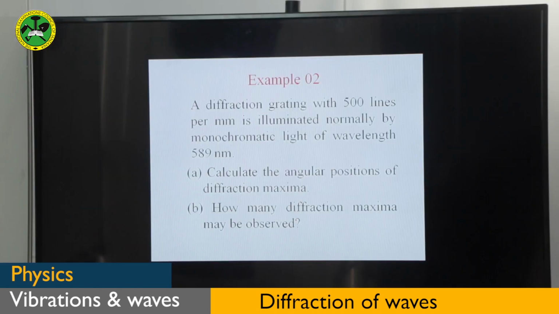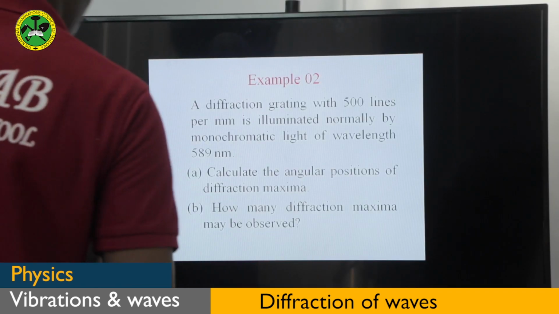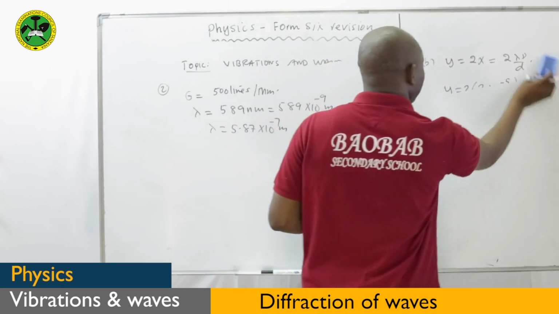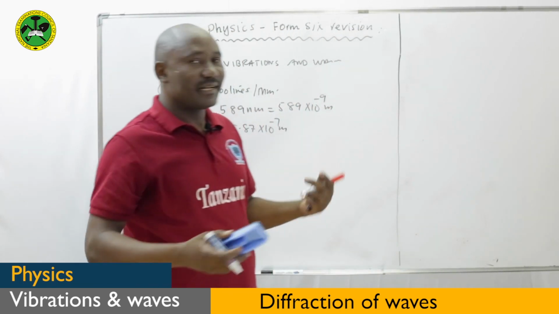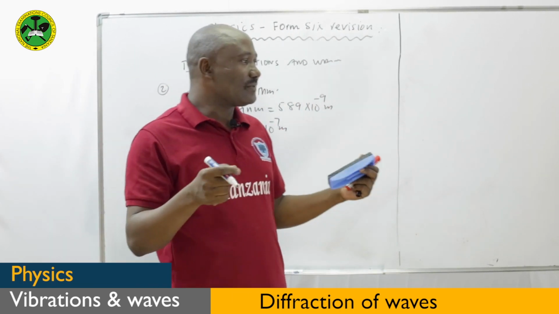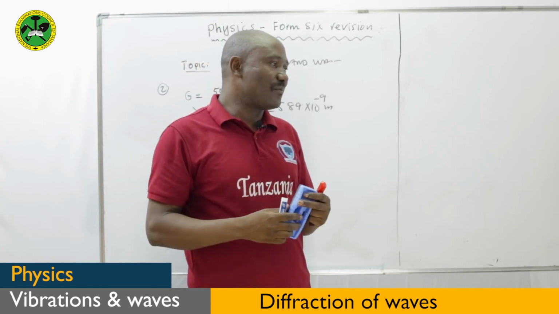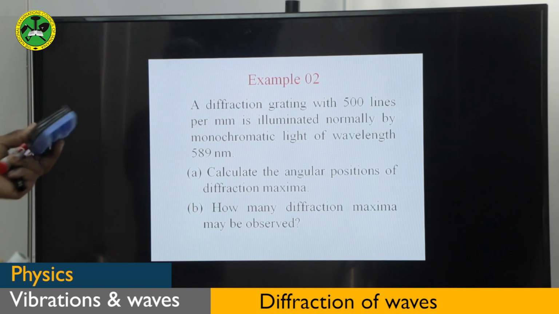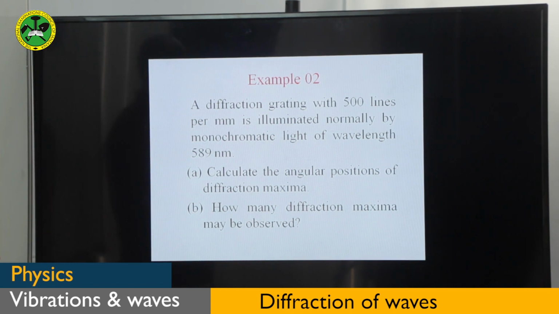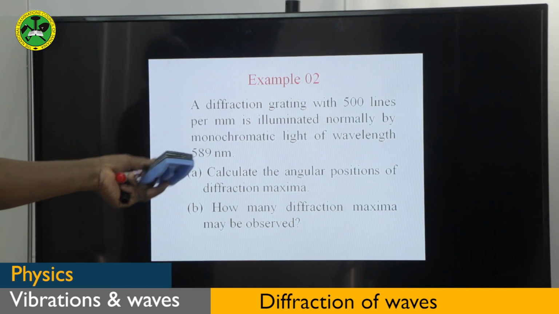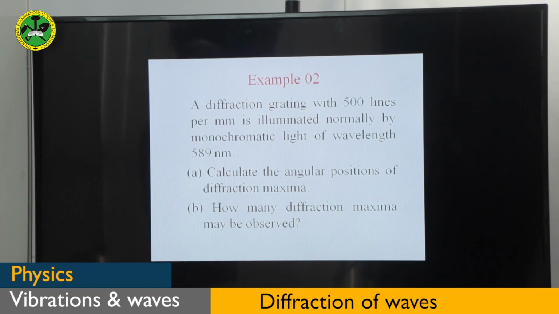You're asked to calculate the angular position of the diffraction maxima. Remember, when you have a diffraction grating with a lot of slits, several images are formed. You're supposed to find the angle corresponding to those images, and at the end, how many diffraction maxima, how many images, can be observed.